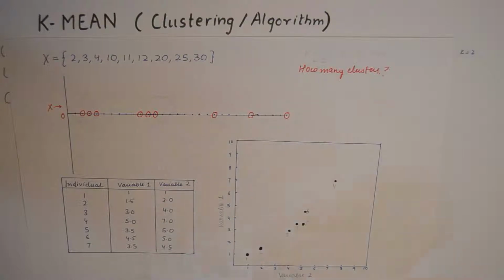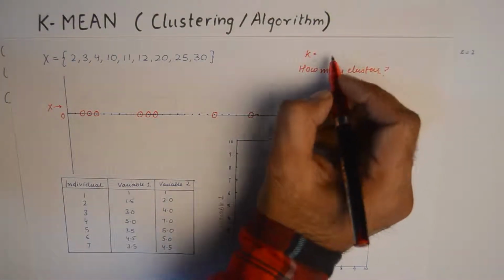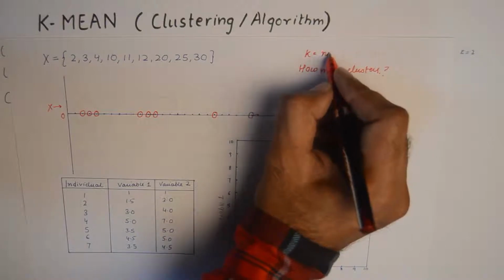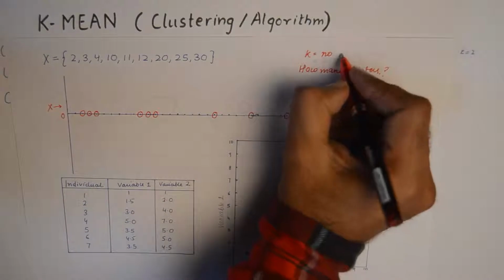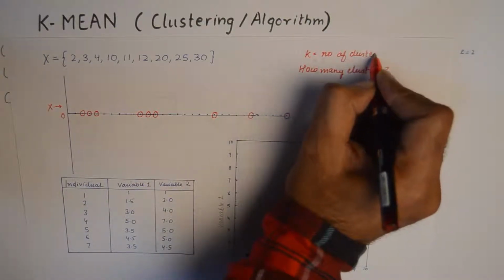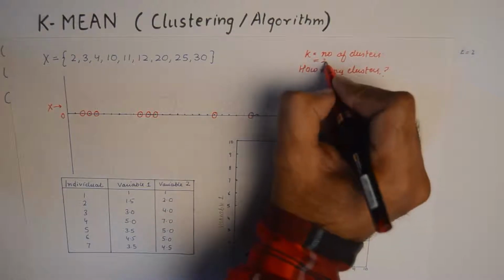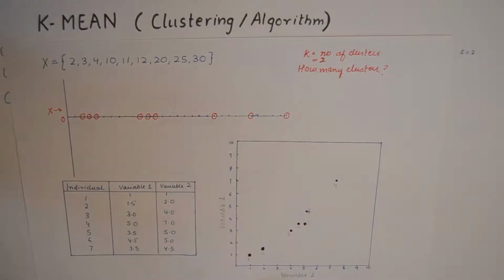Let us say in k-mean algorithm, I wish to segregate this data into 2 clusters. Then k depicts the number of clusters. So if I substitute k is equal to 2, that would mean that I wish to divide this data into two parts.